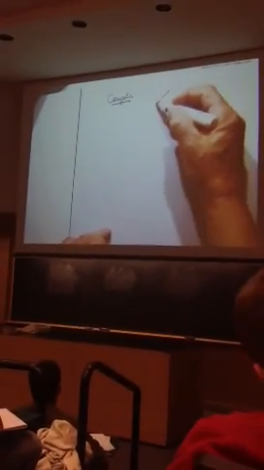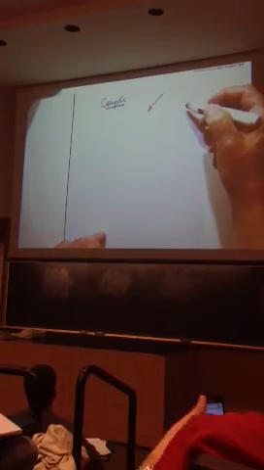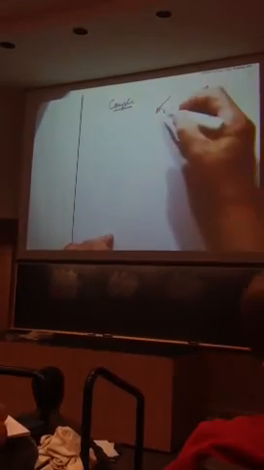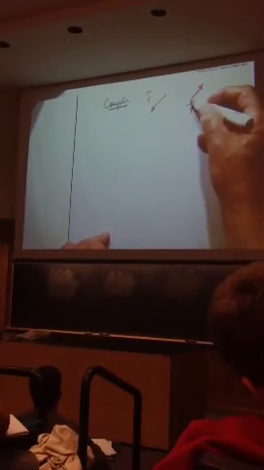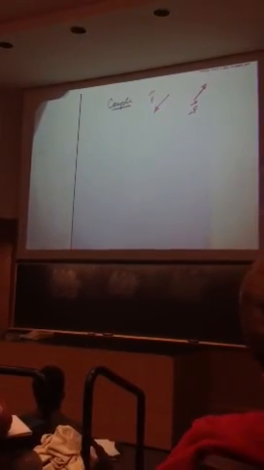A couple is a pair of forces, equal magnitude, opposite direction. So we have a vector F. We have another vector which is the negative of the first vector.